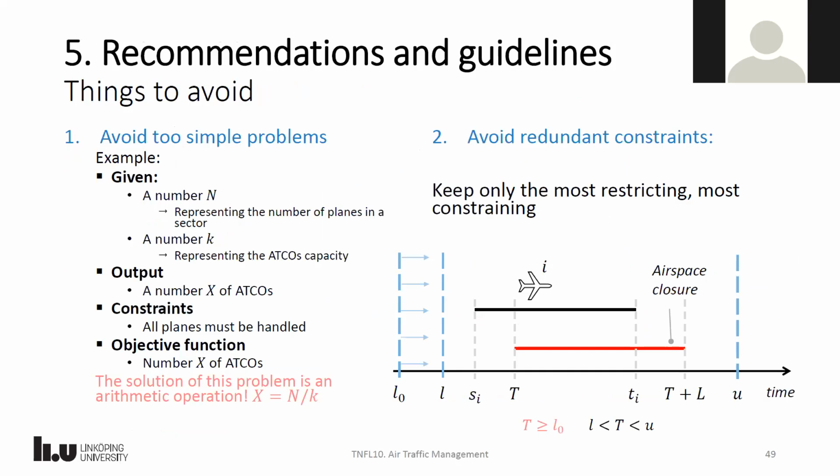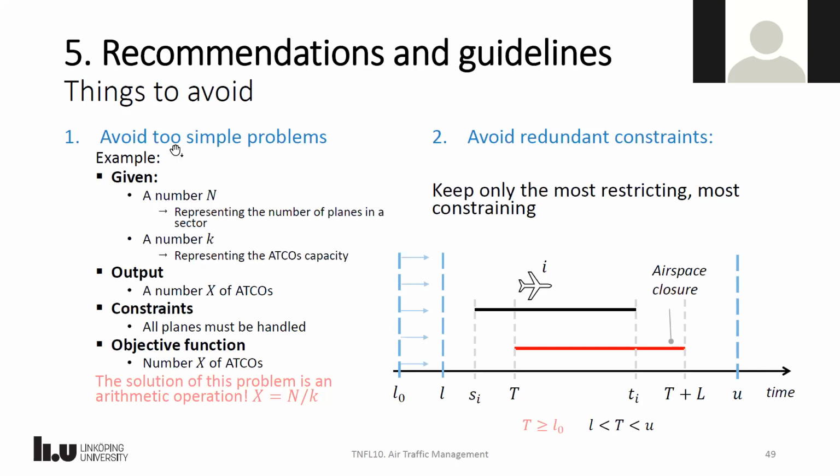And lastly, some things to avoid. First, avoid too simple problems. For example, in this one, we have a number n, the number of planes in a sector, and a number k representing the air traffic controller's capacity, and we want to find the number of needed air traffic controllers.